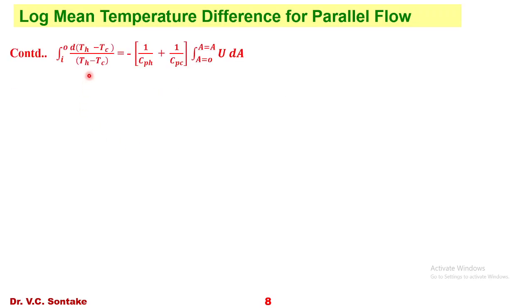So integrating equation number 4 from inlet i to outlet o of the heat exchanger, on the left hand side I can write it as the integration from i to o of d of Th minus Tc over Th minus Tc is equal to, since the term 1 upon Cph plus 1 upon Cpc is constant, because the specific heats of hot and cold fluids during the heat exchange have been assumed constant, the entire term I can take out of the integration sign.